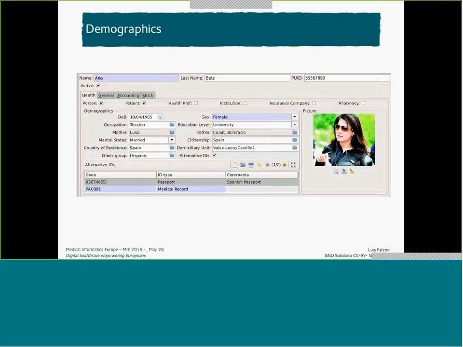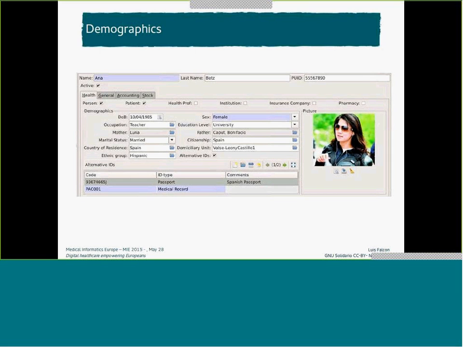Sex, occupation, educational level, mother coming from the birth certificate, status, citizenship, types of ID, identification for things like the passport or the old clinical record they have in one of specific health institutions and so on. And look for any of those needs that this person has.